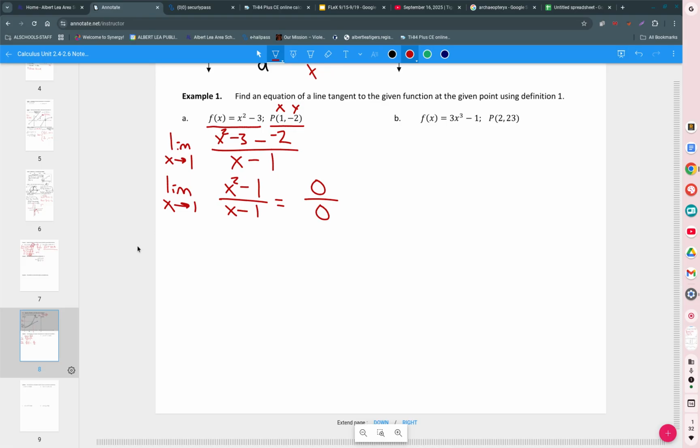It will always be a removable discontinuity, so we can factor x squared minus 1 into x plus 1 times x minus 1, and notice the bottom divides off. Therefore, we plug in 1 and we get the slope is equal to 2.